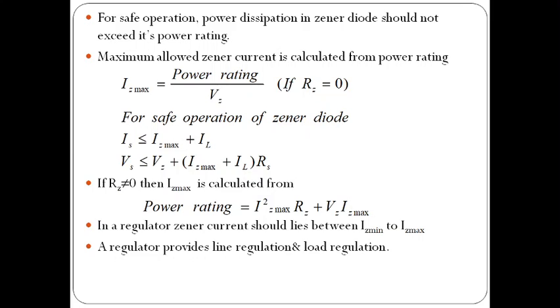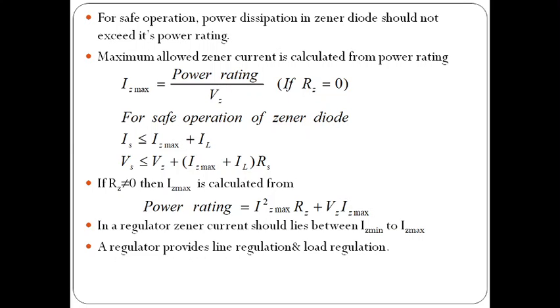But as long as it is between Iz minimum and Iz maximum, the output voltage V naught will be constant. Clear? Similarly, if RL increases, the load current IL decreases. To keep Is constant, Iz increases, but as long as it is between Iz minimum and Iz maximum.